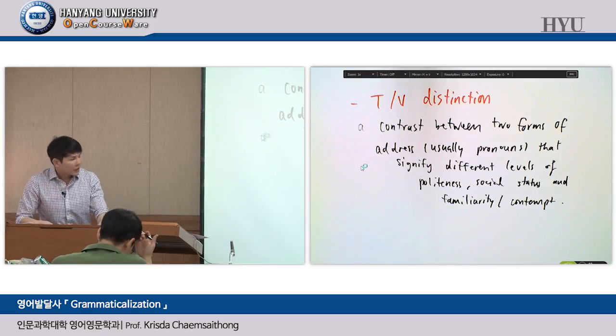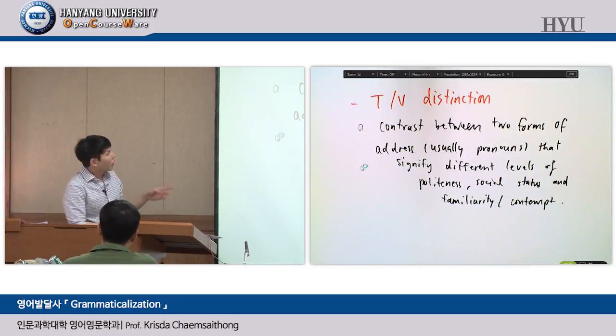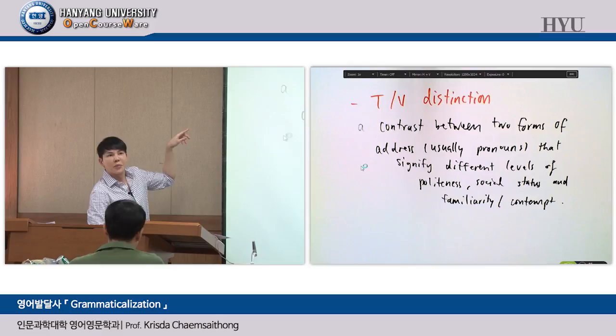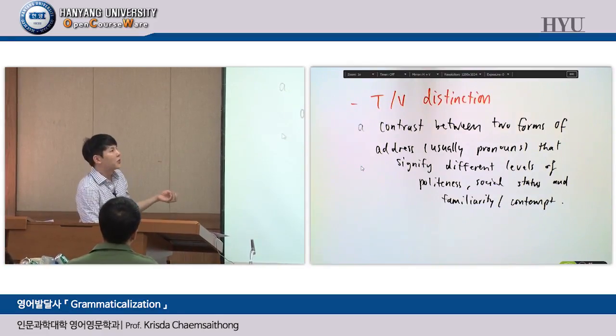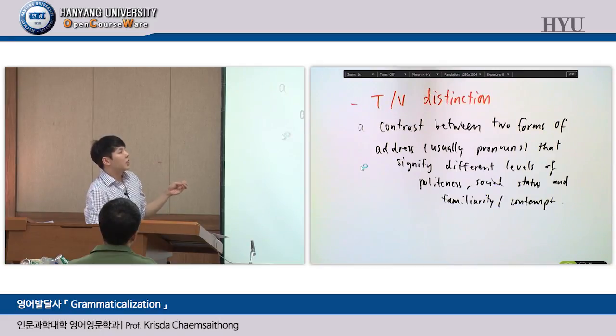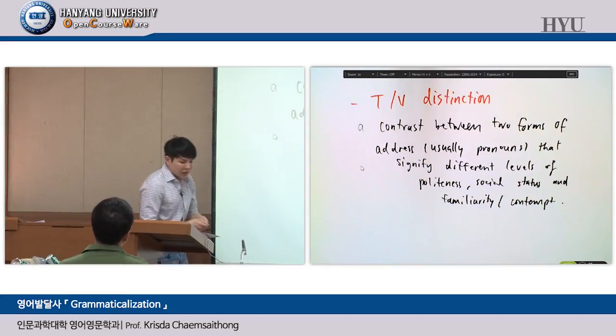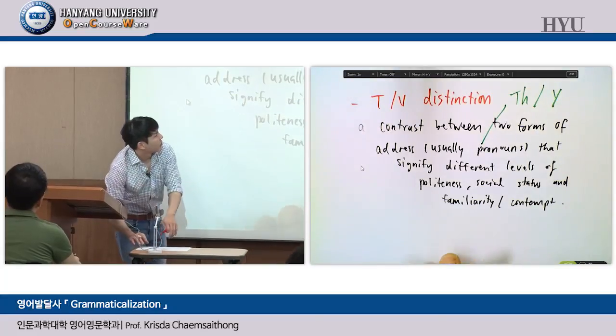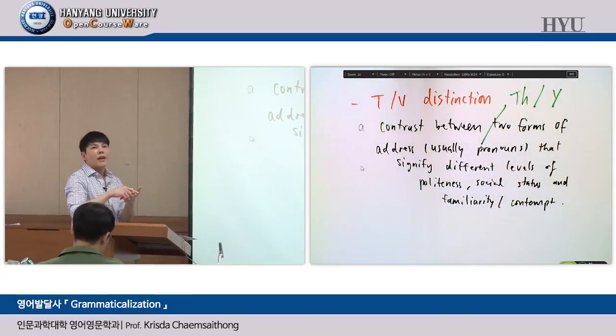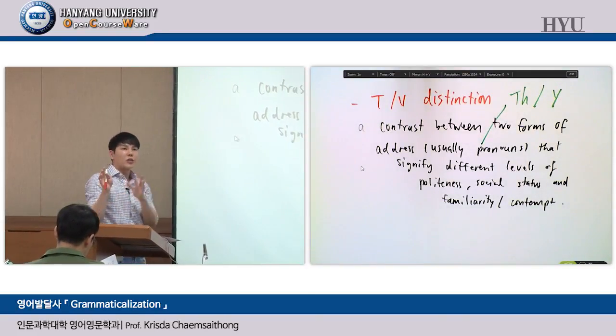Okay. So last time we went over the TV distinction, you remember, right? The TV distinction has to do with a contrast between two forms of address, usually pronouns. In English, we talked about the TH form and the Y form, the thou, thee, thy form, and the you, your, and so on form.